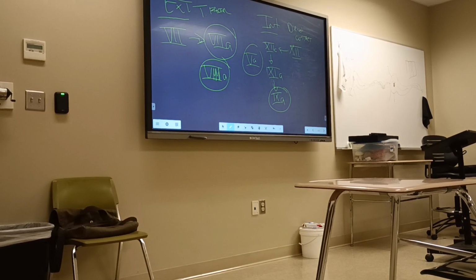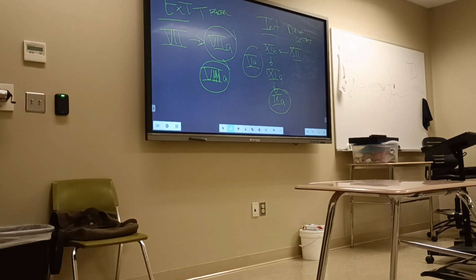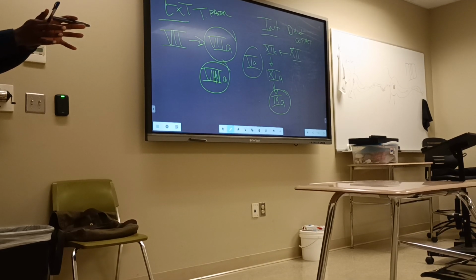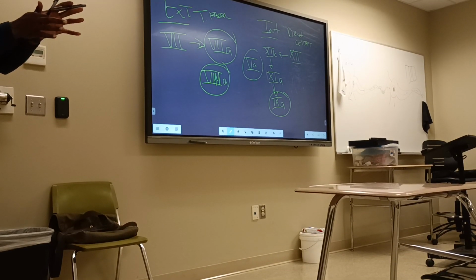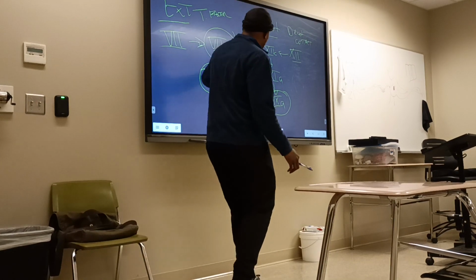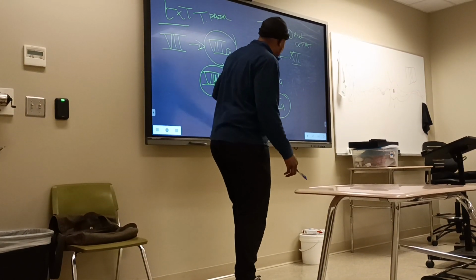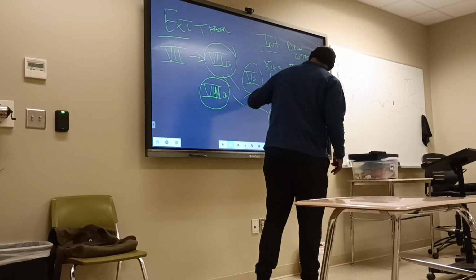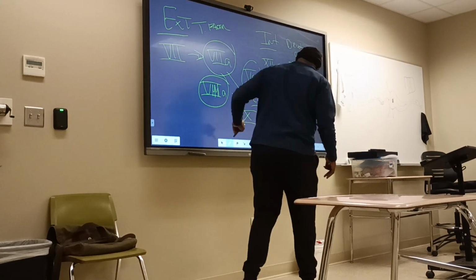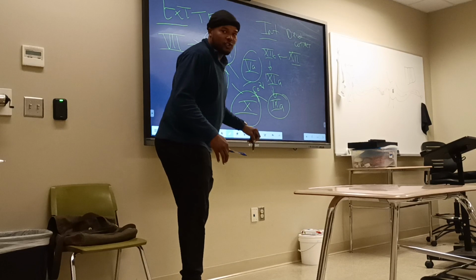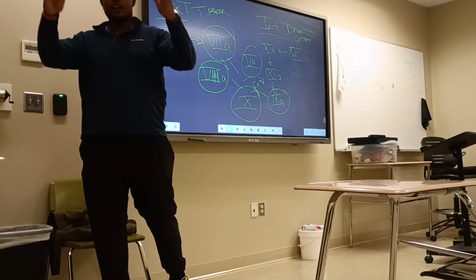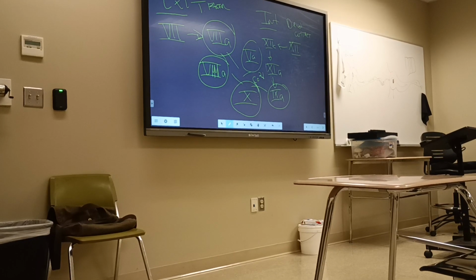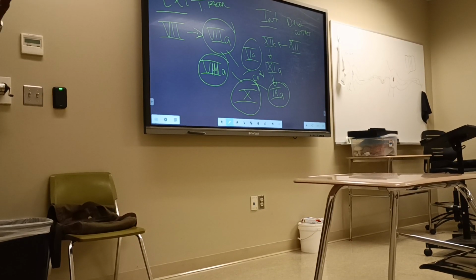Now you can activate the common pathway, which activates what factor? 10. Each one of these, plus the use of calcium, is going to activate factor 10. This is your common pathway. So you have two different mechanisms to activate 10, which can now lead into the pool coagulation.